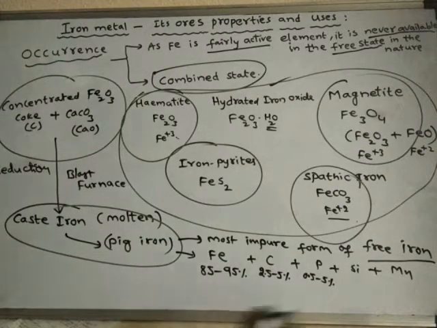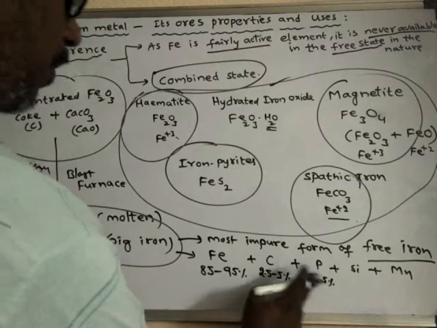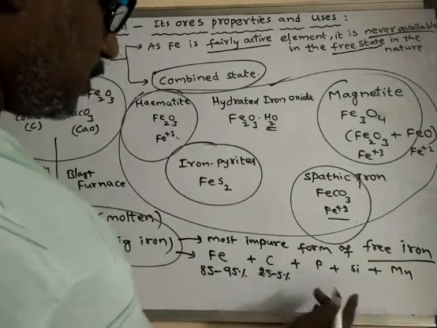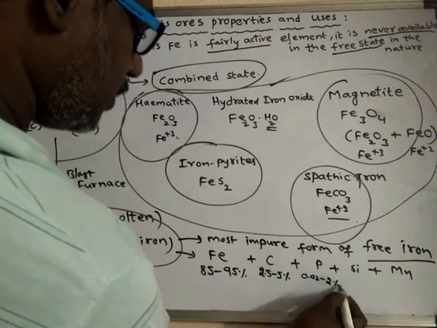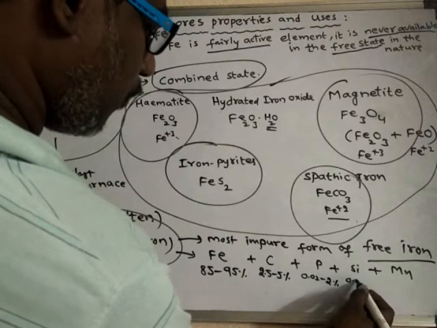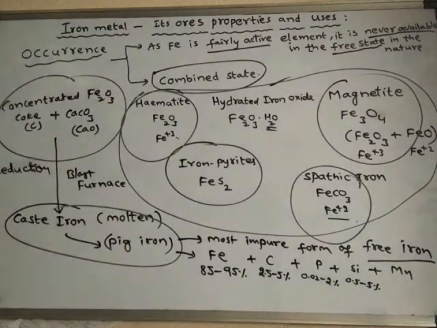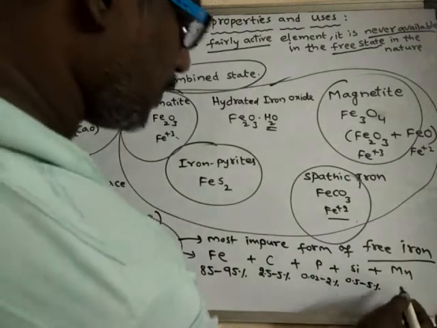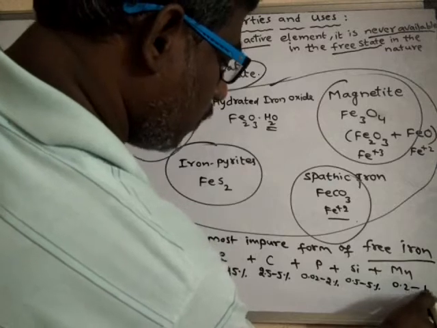Phosphorus is somewhat less, 0.02 to 2%. And manganese is present in the least amount, 0.2 to 1%.